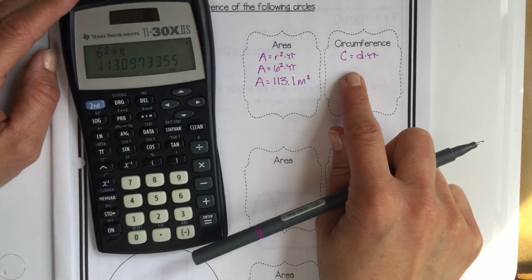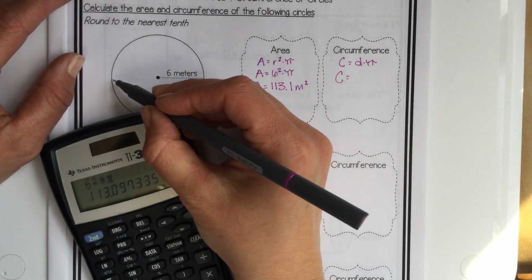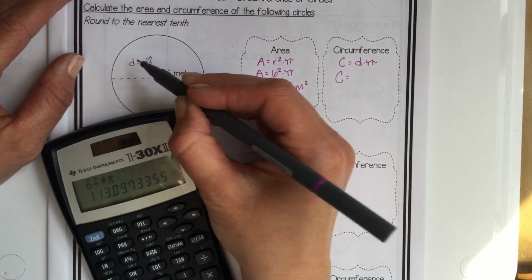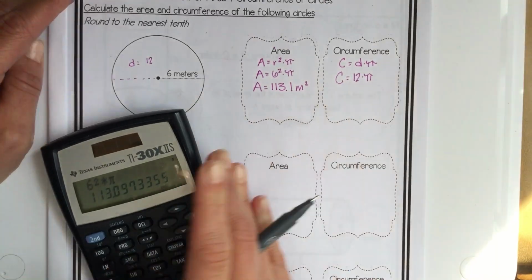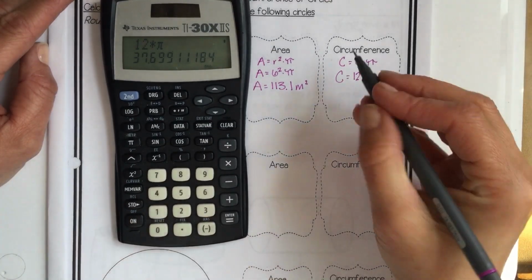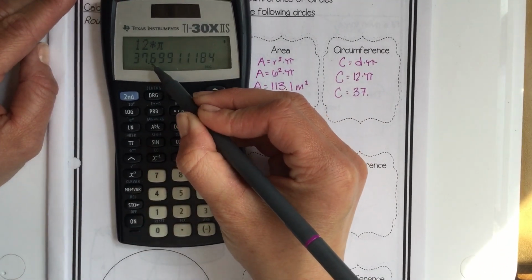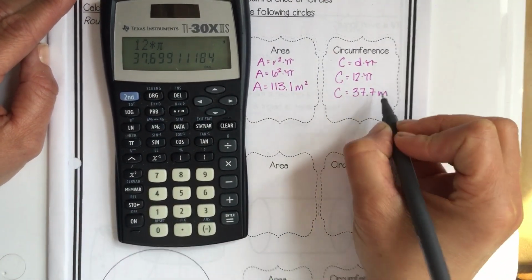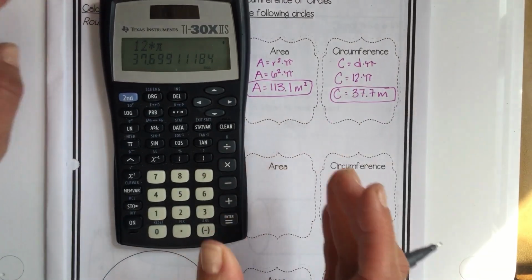If I were doing the circumference, the diameter all the way across would be 12. So I need to do 12 times pi, and I get the circumference is 37 point. The 9 makes the 6 go up to a 7. And that's just meters, not meters squared. So this we did yesterday, or actually I should say Monday.